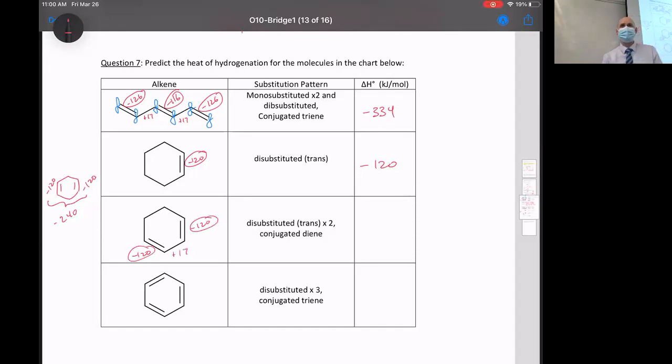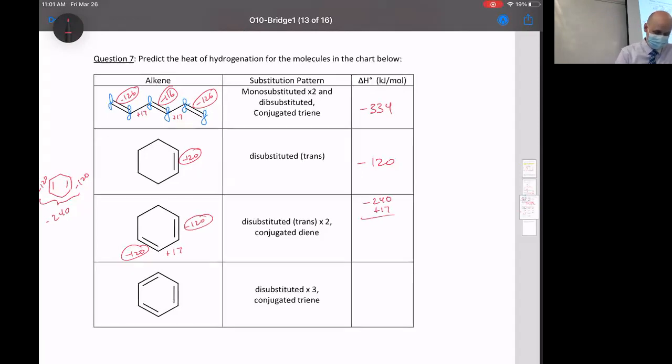It'd be like a positive 17. So thinking about this with negative 240 plus 17. You can type it in. Yeah, kilojoules per mole. So that makes sense to everybody. That would be kind of our approximation on here.